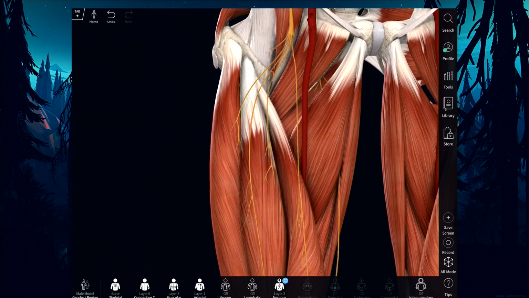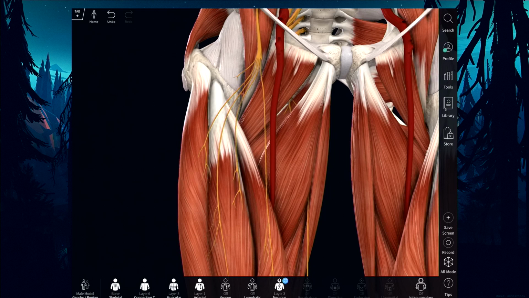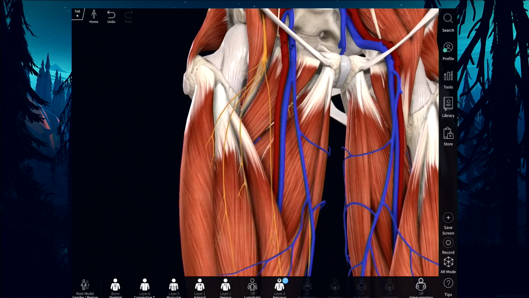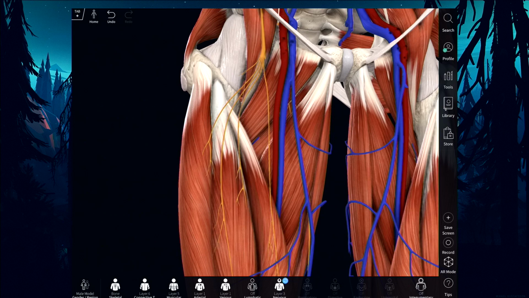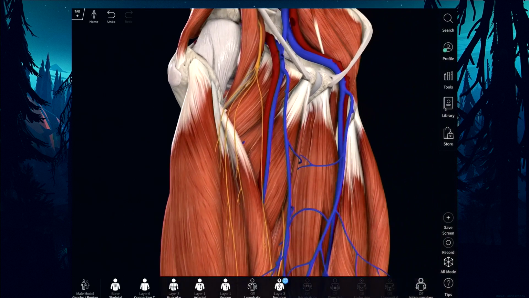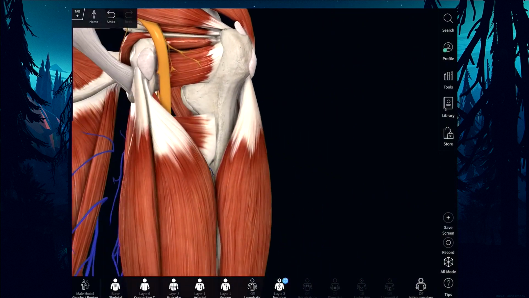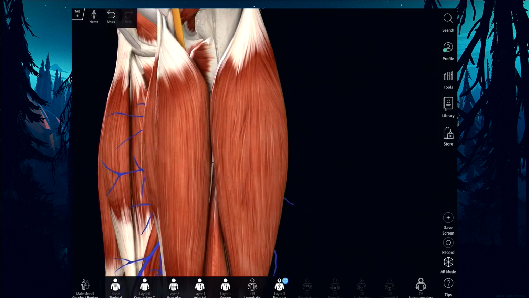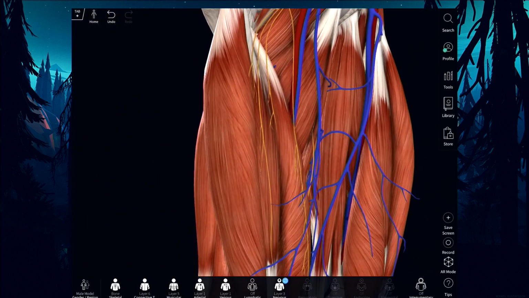It sends some tributaries off, but it's protected under a lot of these muscles on the medial portion of the leg. Just like the femoral vein, a lot of vascular supply medially. There's very little risk on this lateral aspect of the leg to hit a nerve, to hit an artery, to hit a vein.